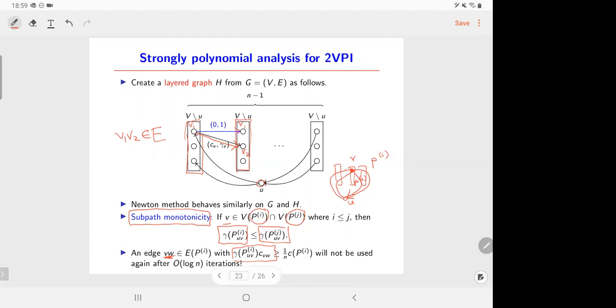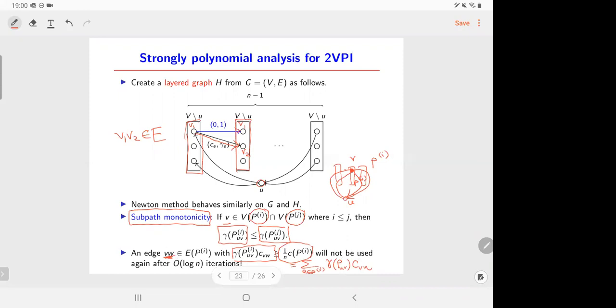Recall the definition of C of P_i. It is the sum over e in P_i, with a gamma factor in front, which is just the subpath gain, followed by the cost of that edge. So we know there is at least one edge that has at least a 1 over n fraction of this.